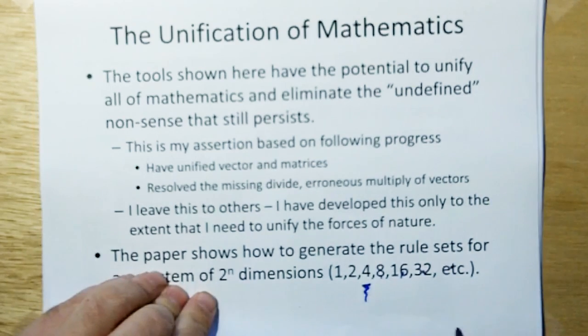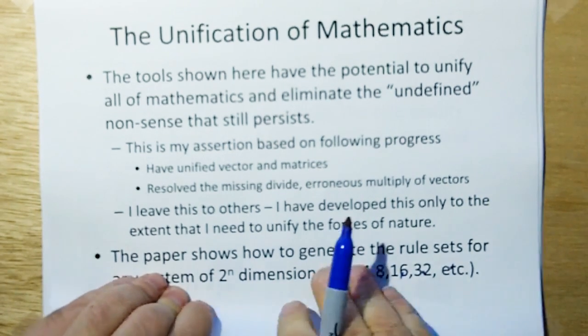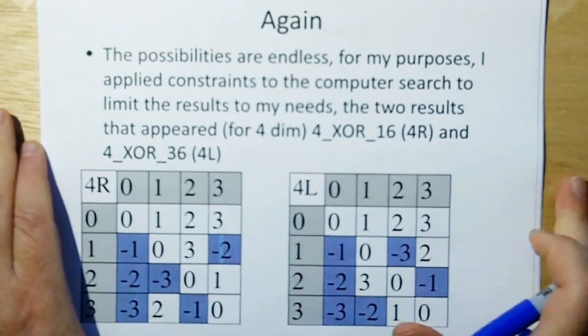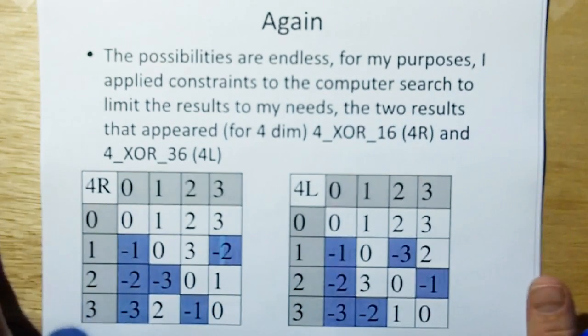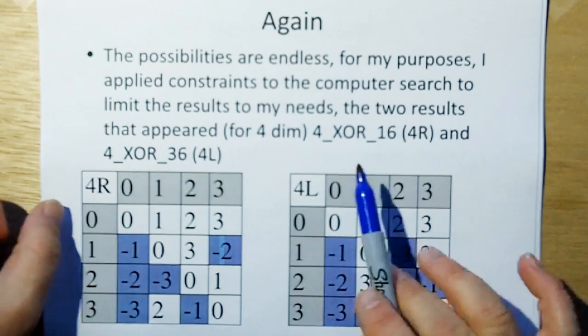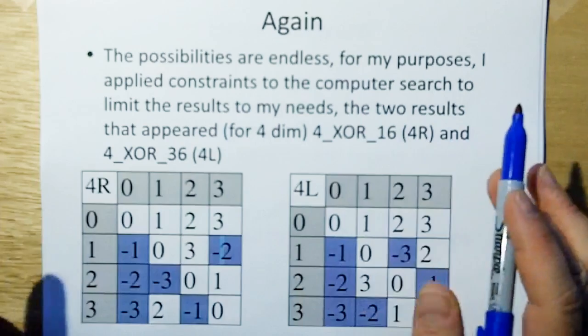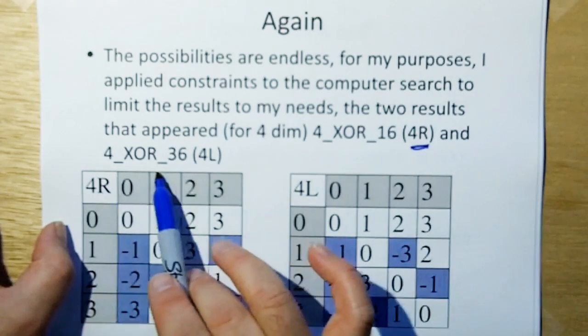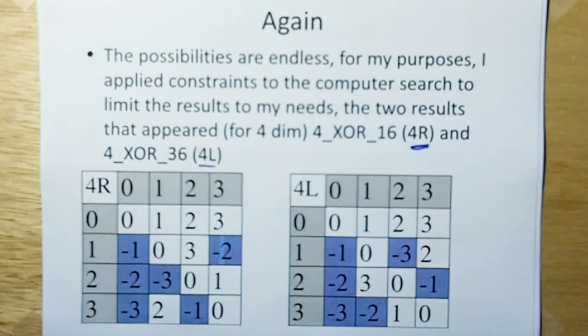And the computer search, doing a rough way, found that that solution is the proper solution going back to the original seed matrix. Again, the possibilities are endless. For my purposes, I applied constraints to the computer search to limit the result to my needs. The two results that appeared for 4 dimensions are 4 XOR 16, which is the 4-dimensional right-hand rule, and 4 XOR 36, which is the 4-dimensional left-hand rule, which are here.